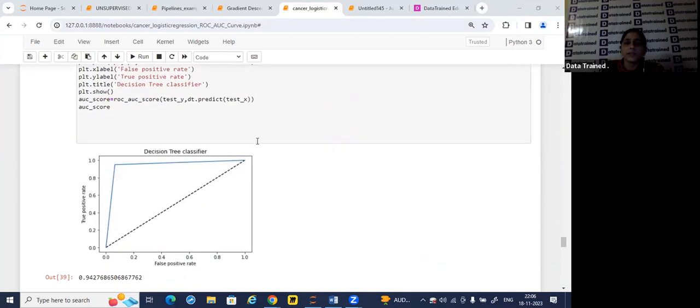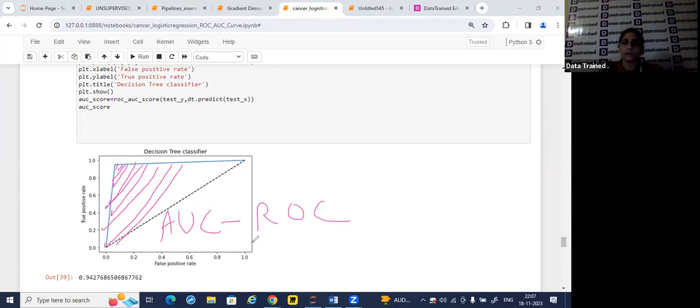So in this way the decision tree classifier score is coming. Here you can see it is a little bit 94. This one is the area covered. The AUC ROC score is 0.94, right?